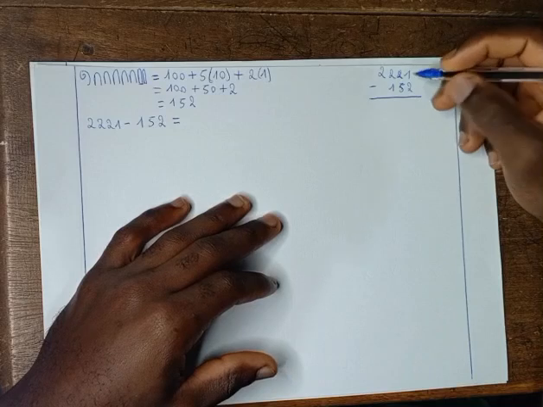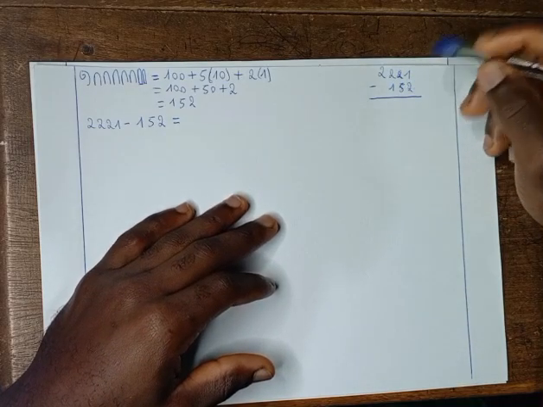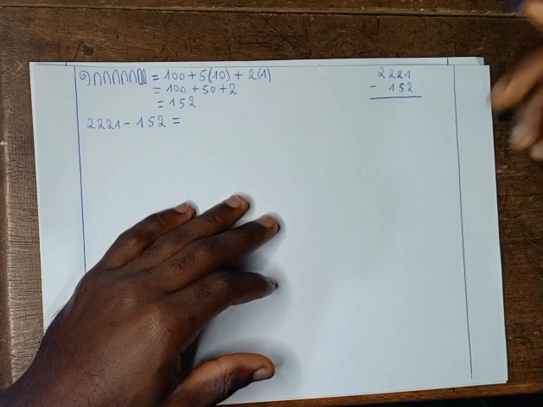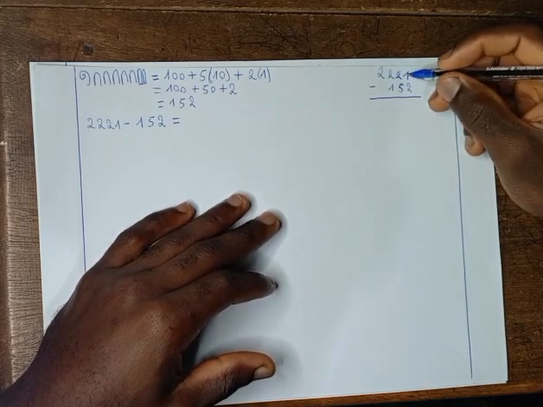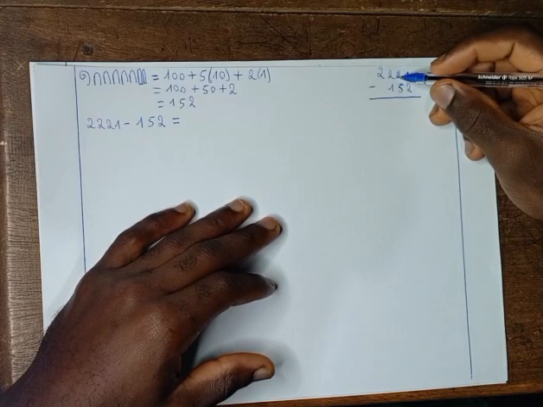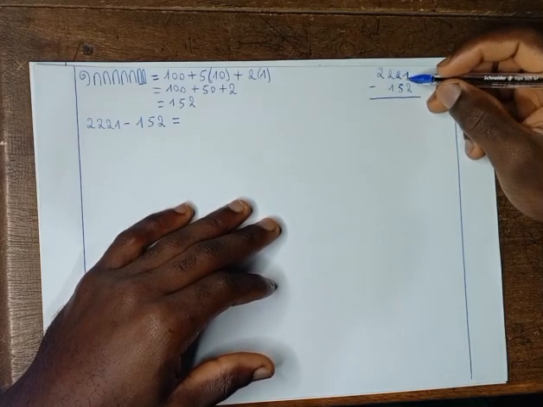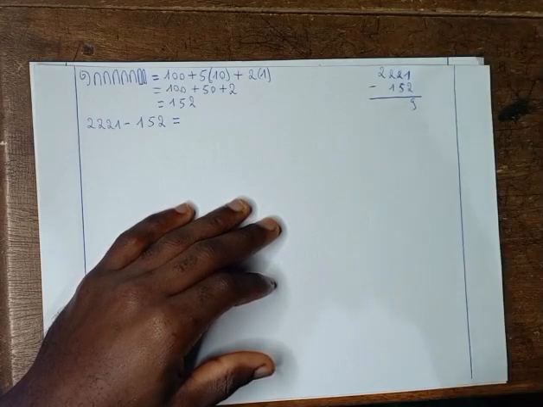Subtract. I know 2221 is greater than 152, so the result has to be positive. If we start from the right, 1 is less than 2, so I'll move to the next higher place value. I'll take a 1, which represents a 10. I'll add the 10 to this one to get the number 11. 11 minus 2 gives us 9.